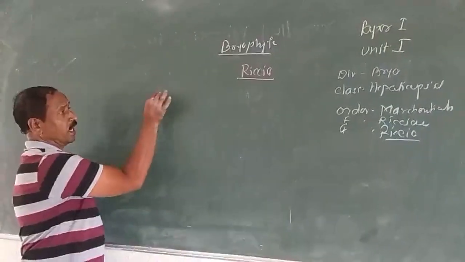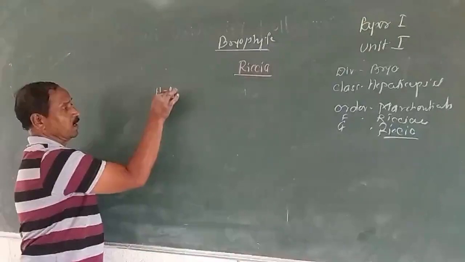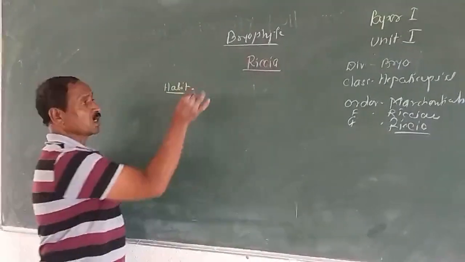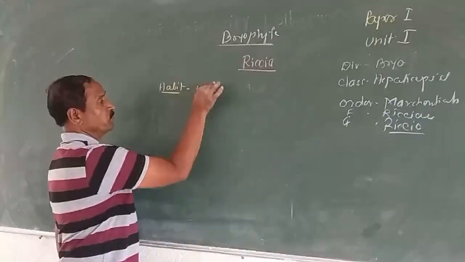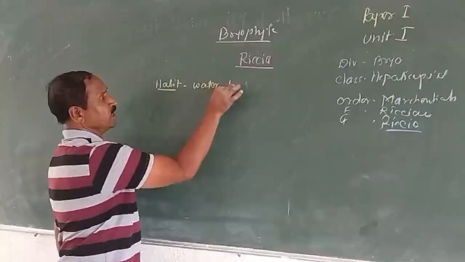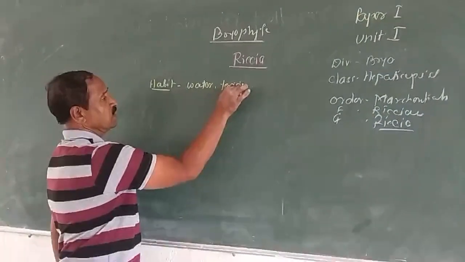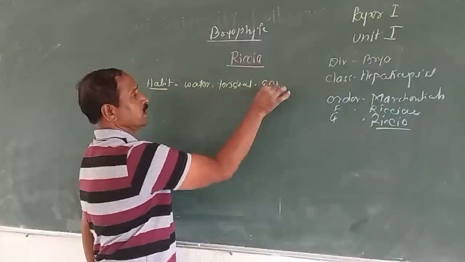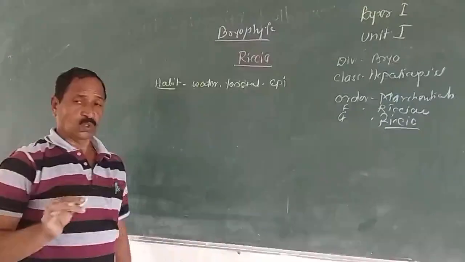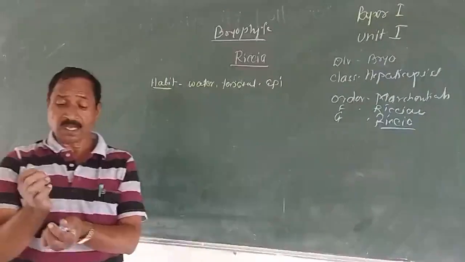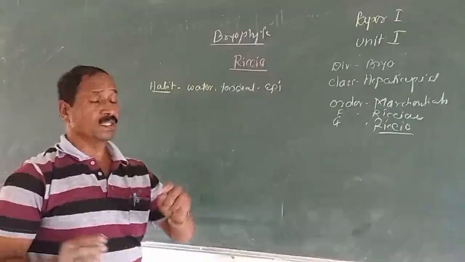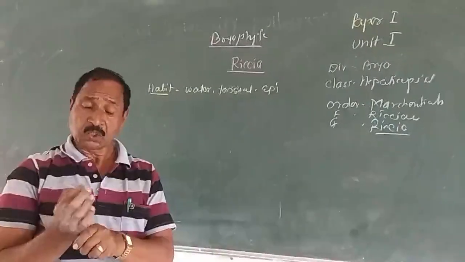Then habit and habitat. Here the Riccia occurs in water as well as in terrestrial condition, as well as there occurs as epiphytes. So the Riccia occurs in all three stages, that is water, terrestrial, and epiphyte.